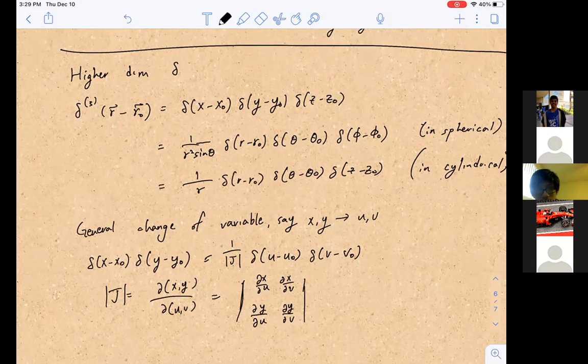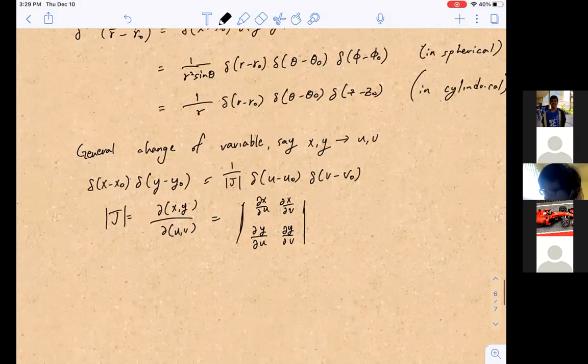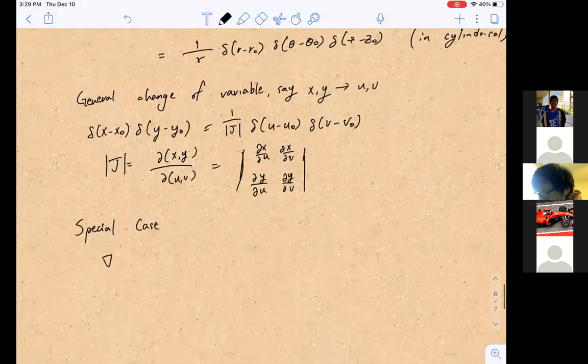Okay, and so that's it. Oh, and then there's a special case that you have to remember. This is important. The divergence of 1 over r squared in the r direction is 4 pi delta of r.